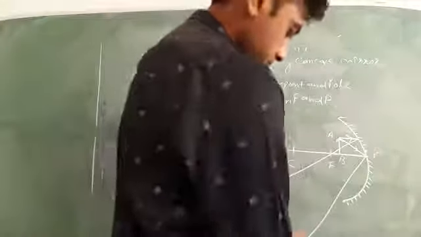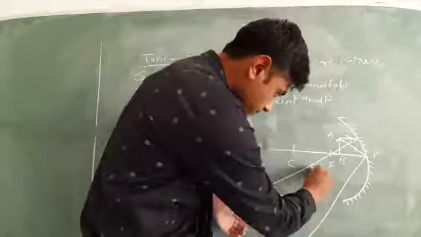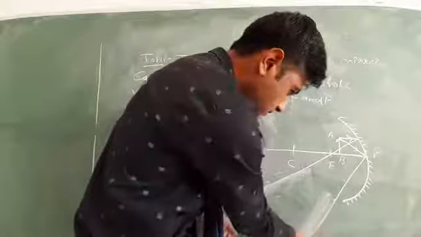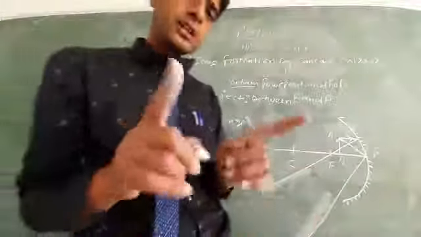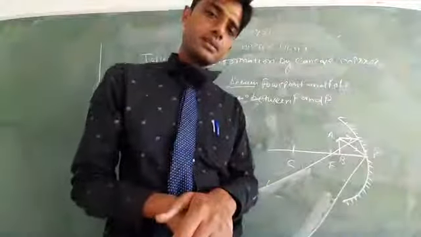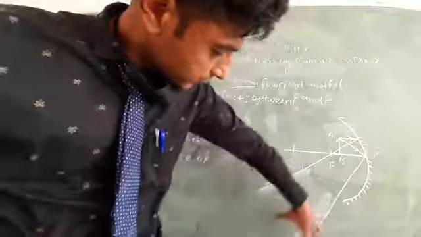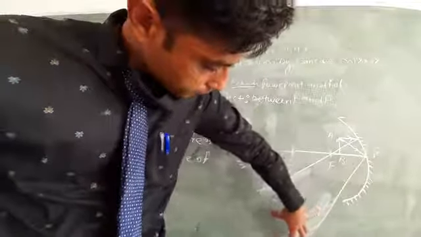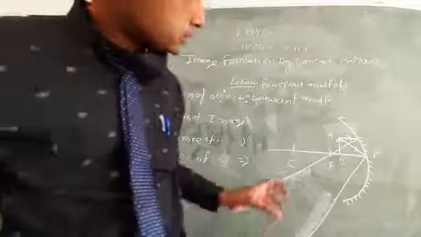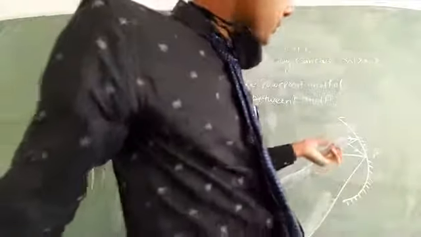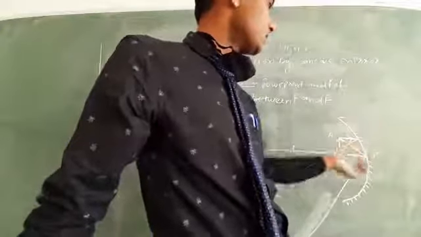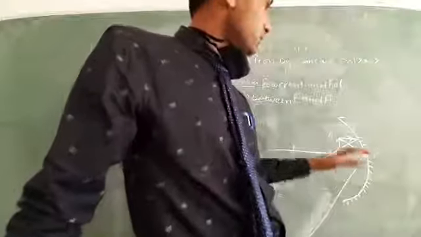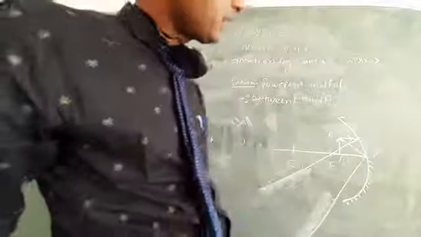It means these rays of light never meet or intersect in the forward direction. But you can see, if we produce these rays of light backward, then they intersect at a point.